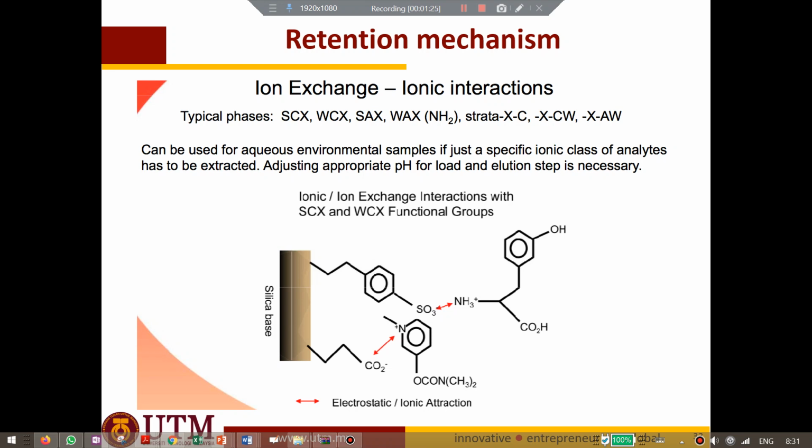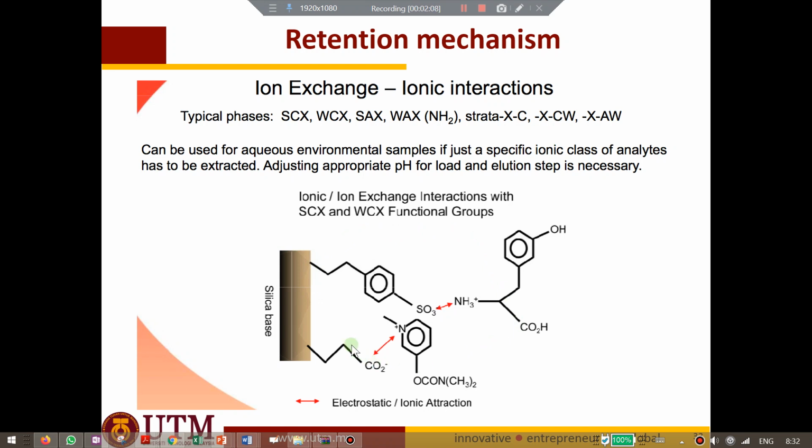You need to condition your particle adsorbent at the correct charge or with the correct pH, so that when the analyte of interest comes in contact with the adsorbent, it will be adsorbed correctly to the surface of the particle. Same goes during the elution, you need to have the solvent with the correct pH to be able to dissolve your analyte of interest from the surface of the particle.